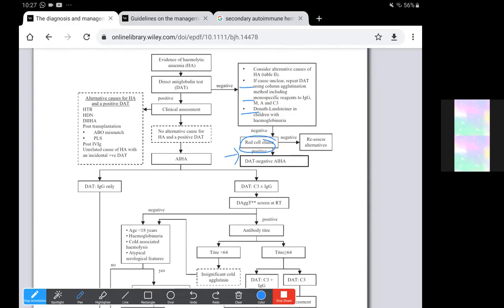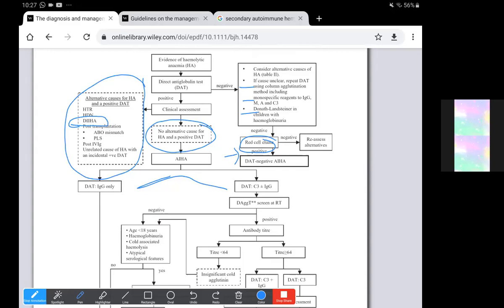And where the DAT is positive and clinical assessment shows no alternative cause of hemolysis, then we'll proceed with the warm and cold workup. But it is actually this part of the algorithm which we are going to deal with now. And the most important thing that we're going to do is drug-induced immune hemolytic anemia.